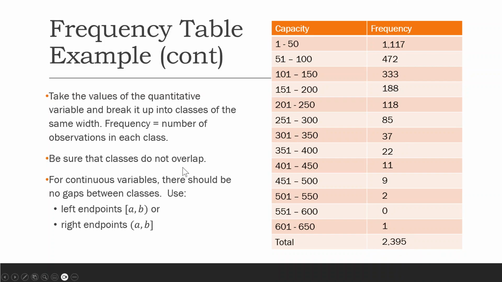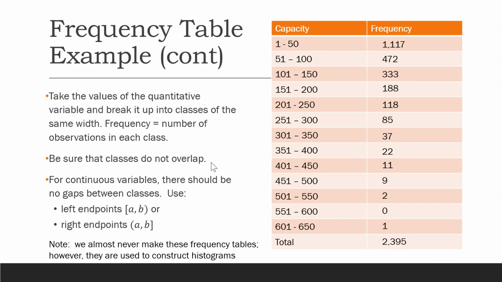So these were some notes to be sure that the classes do not overlap. It is easy to do this when you have discrete variables. You have to think about this a little more when you have continuous variables. We're not going to create any frequency tables by hand in this class. We'll have the computer do it for us. But you'll start to see things like in math or pre-algebra when you talked about intervals of numbers, and you use parentheses and brackets to say whether a value will be included or not included based off of the endpoints of that interval.